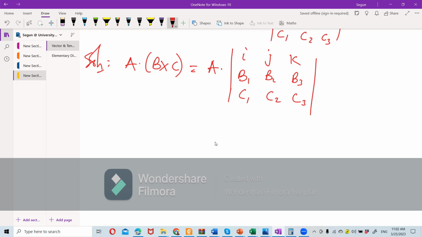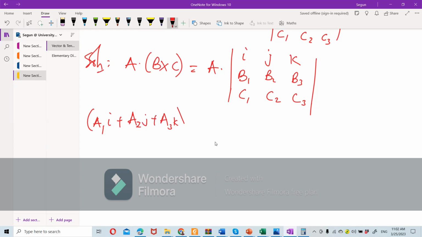So A1 i plus A2 j plus A3 k dot. Now let's look at this. Don't forget the signs: plus, minus, plus.